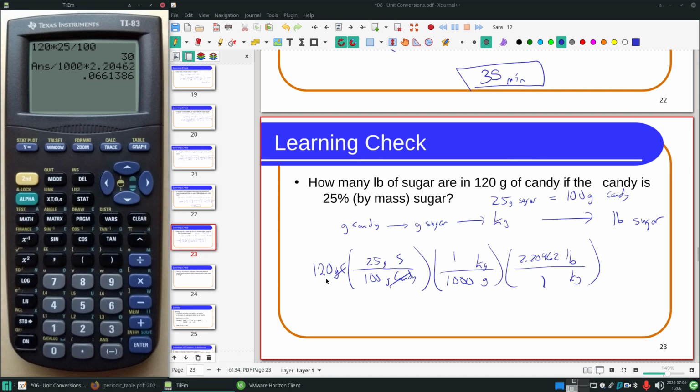Not much candy. All right, but this 120, two significant figures. This is just two significant figures. This has got some significance to it, but I gave you a lot of extra digits, so you shouldn't ever have to worry about rounding there. But so I should get two significant figures on this. So my answer is 0.066 pounds.